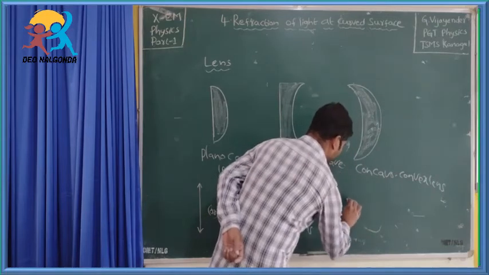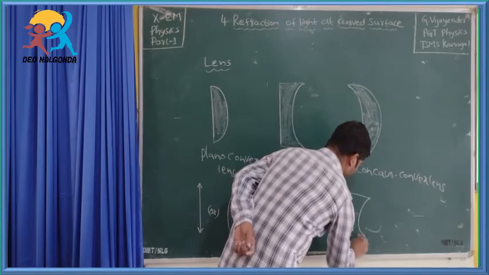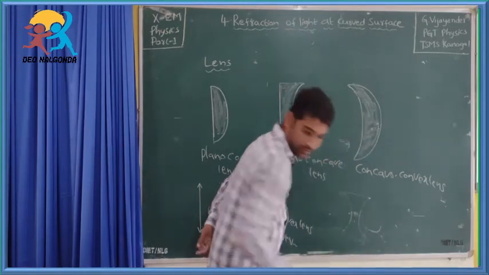Next, another lens may have both the surfaces concave. Both the surfaces are concave surfaces.